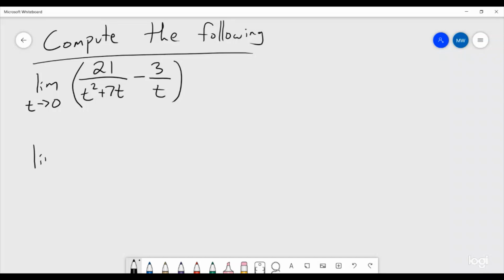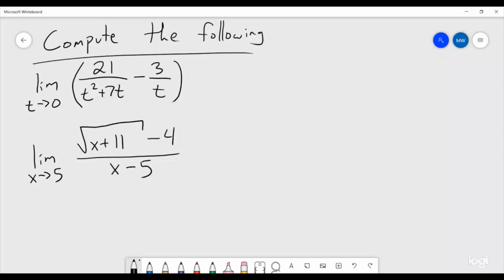The limit as x goes to 5 of the square root of x plus 11 minus 4 all over x minus 5, and the limit as x goes to 0 of x to the 4th sine of 5 over x squared.